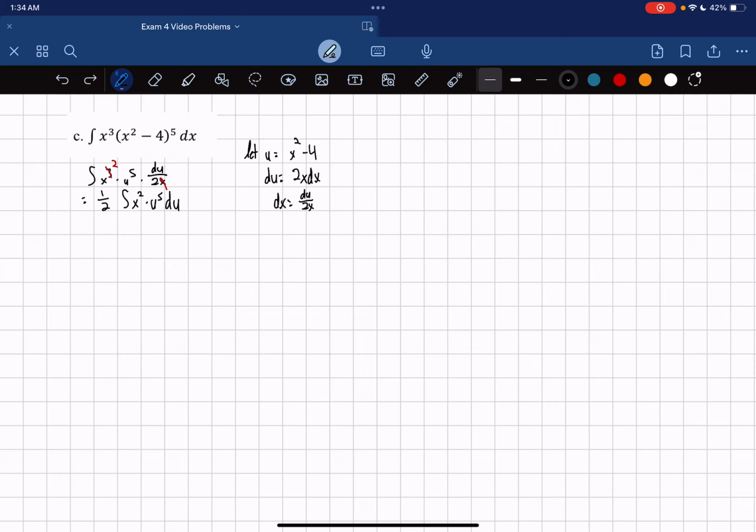So, in order to get rid of that, since we can only have it in terms of one variable, we can use this equation in order to find what x squared is equal to. We can simply do this by adding 4 on both sides, granting us x squared is equal to u plus 4.